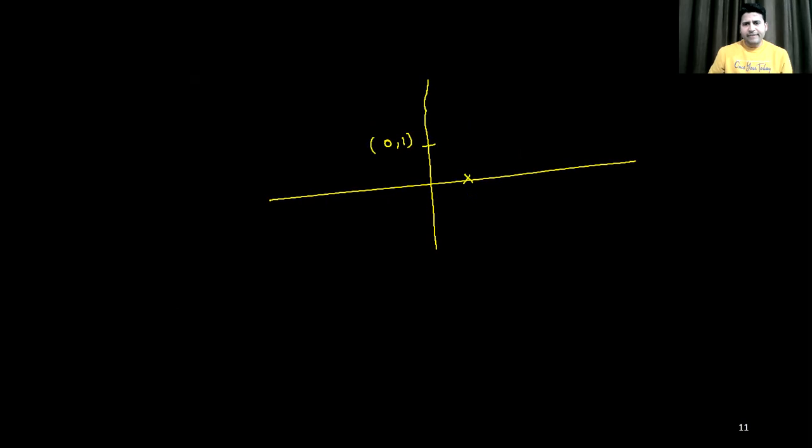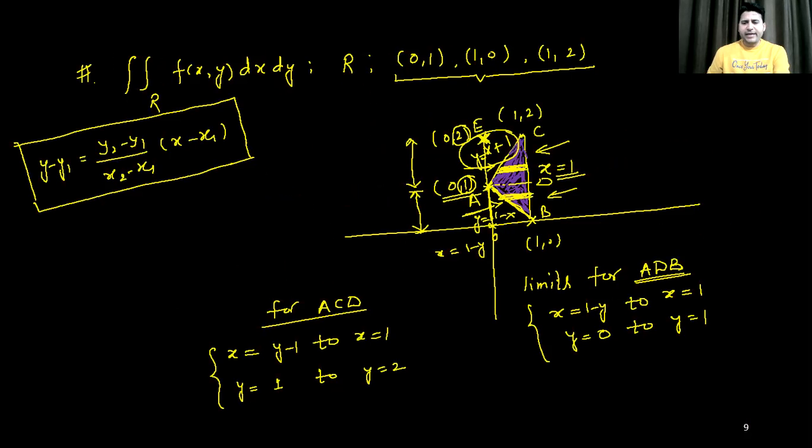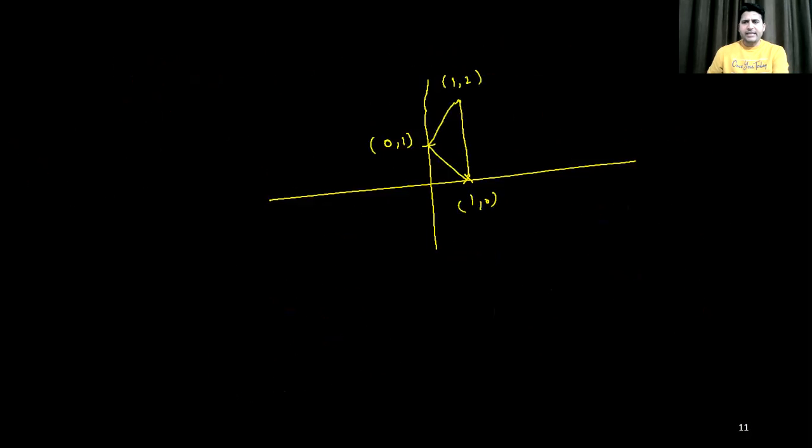Over here, we have 1, 0. Somewhere over here, we have 1, 2. If I join these points like this, this is the required region. Now, if you know the names of the curves, they are y equals x plus 1 and y equals x minus 1. This is the curve. What is its name?